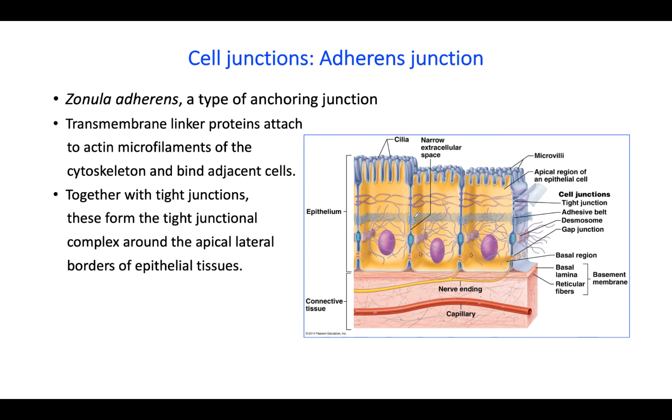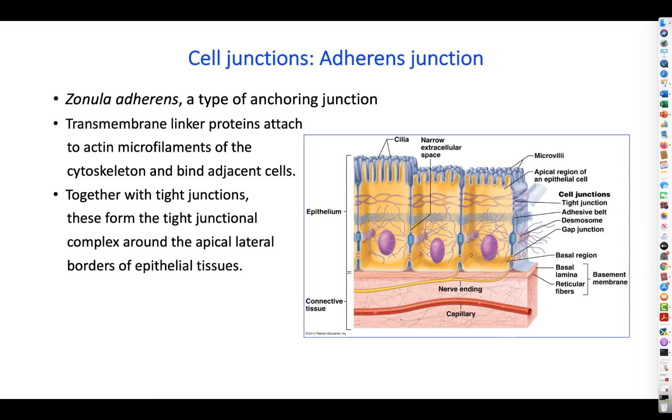One side of the transmembrane protein binds to the adjacent cell through the membrane, and the other side is attached to actin microfilament in the cytoplasmic portion. And the other cell also has the same situation.